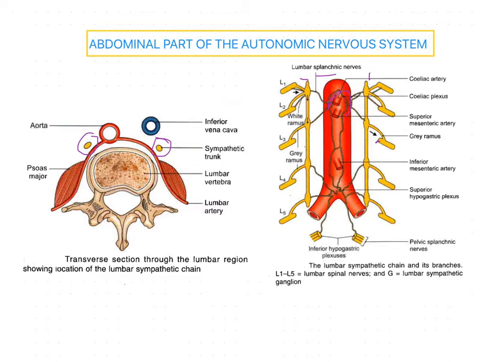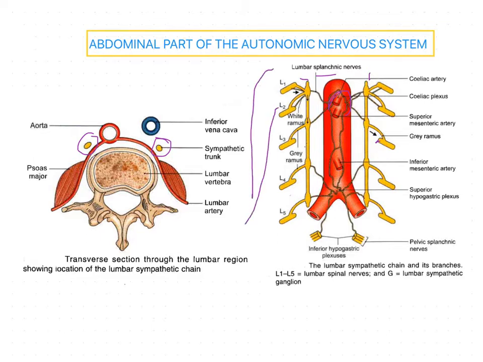The lumbar sympathetic chain is continuous with the thoracic part deep to the medial arcuate ligament. It runs vertically downwards along the medial margin of the psoas major muscle.